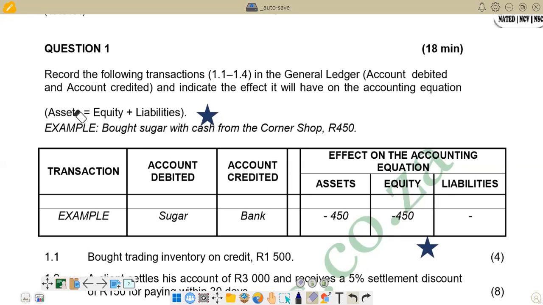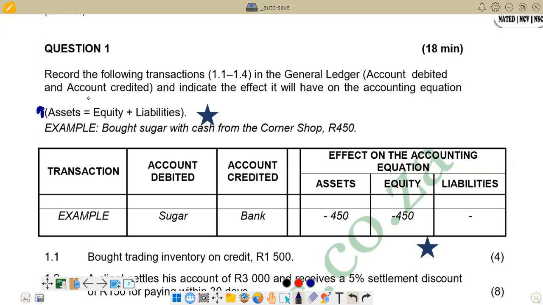Remember, this equation is saying assets is equal to equity plus liabilities. So if the transaction is increasing assets, it is supposed to increase either equity or liabilities on the other side. Remember, it's an equation.